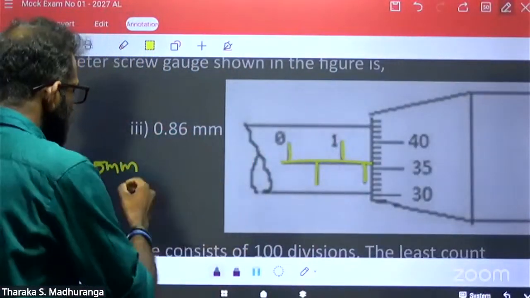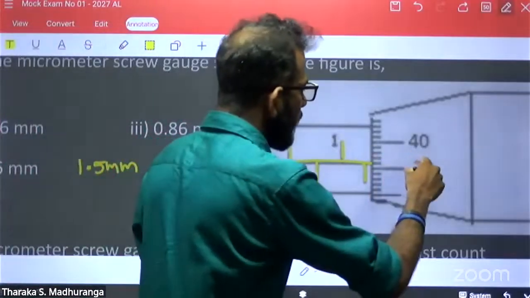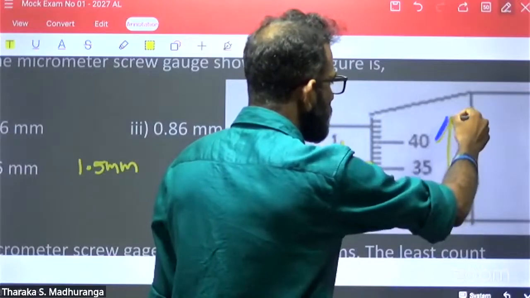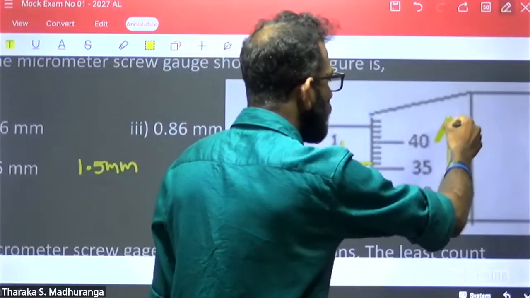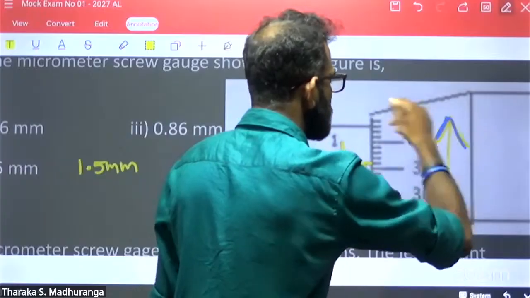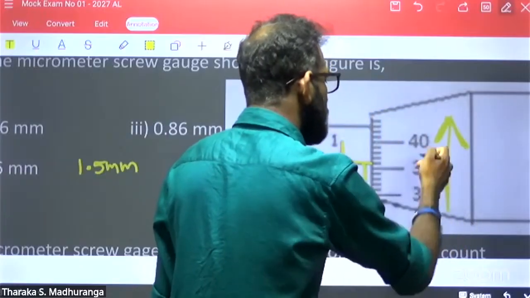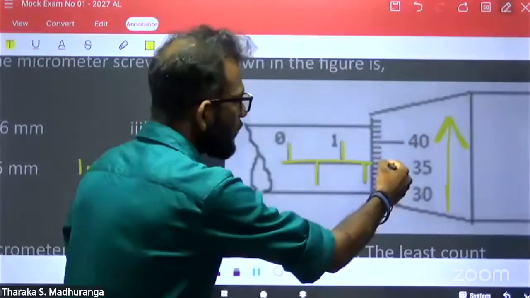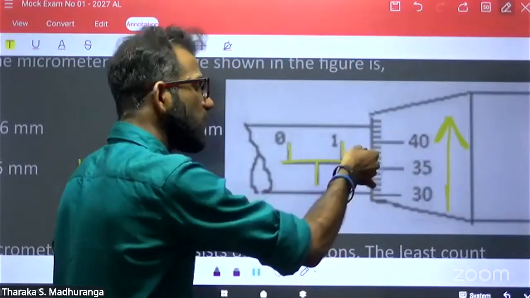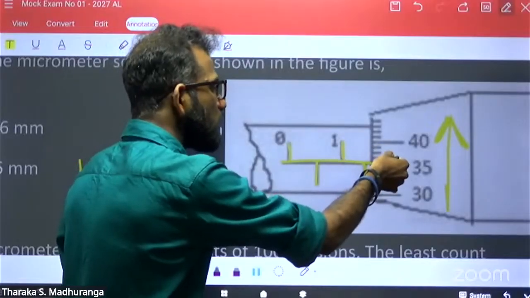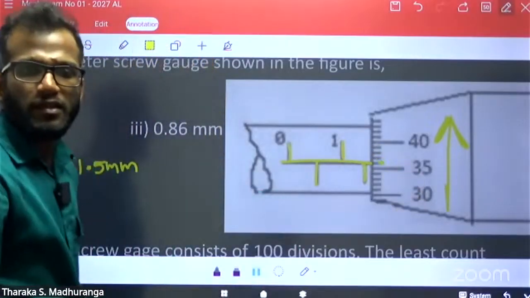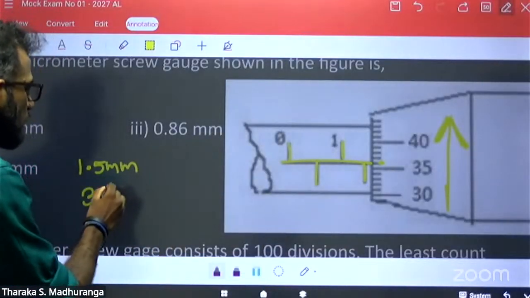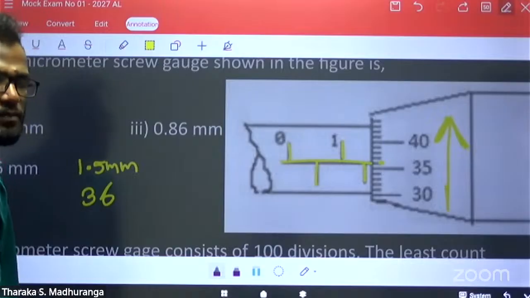After that, get the coinciding part. The circular scale values always calibrate in the upward direction: 30, 35, 40 like this. The division coinciding with the linear scale middle axis is 35, this one 36. So 36 is the coinciding part.